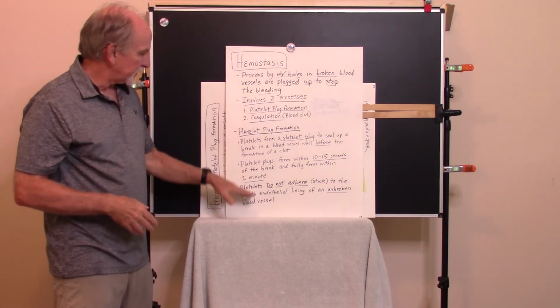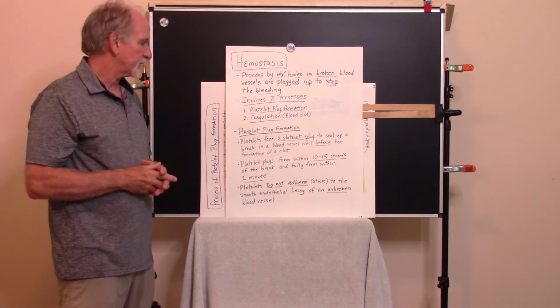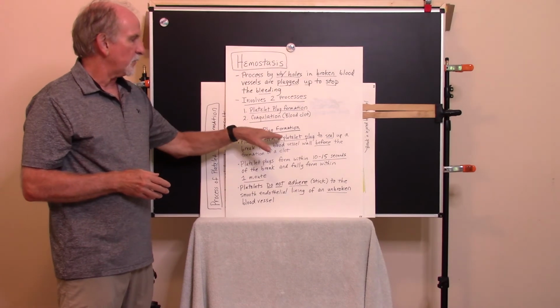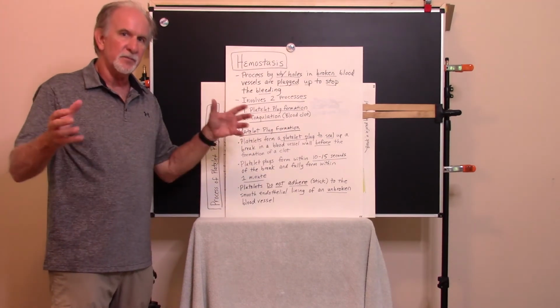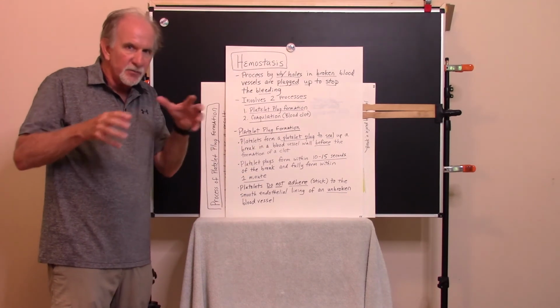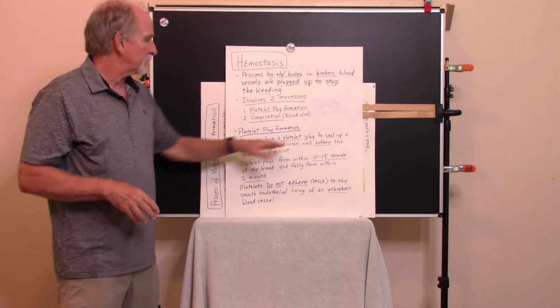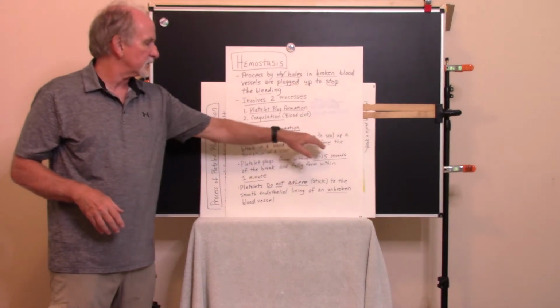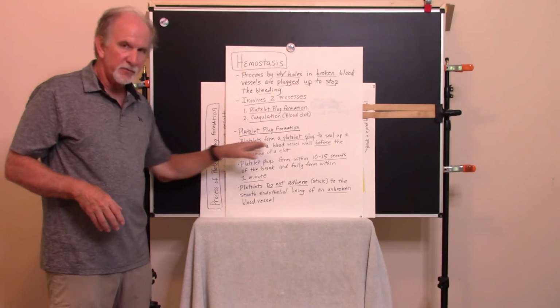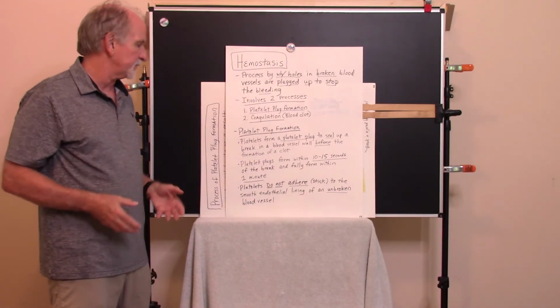So, platelet plug formation. Platelets form what's called a platelet plug, which is an aggregation of platelets stuck together to seal up a break in a blood vessel wall, and it occurs before the formation of a clot.